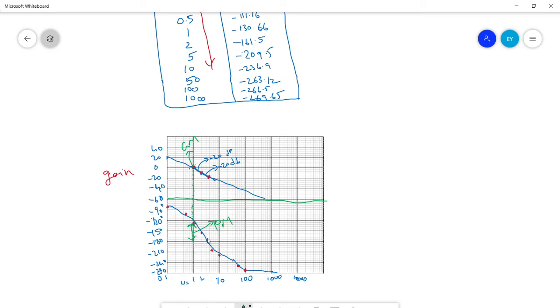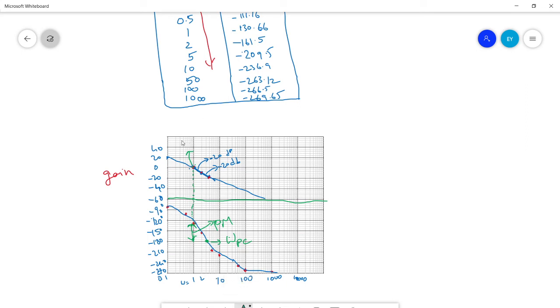Then we have to draw a perpendicular from minus 180 degrees. This is the phase crossover frequency, omega PC. The earlier one is actually the gain crossover frequency, omega GC. Sorry for the mistake, it's a little confusing.